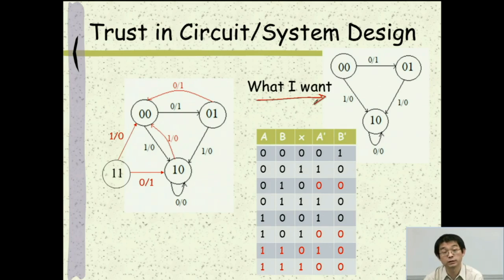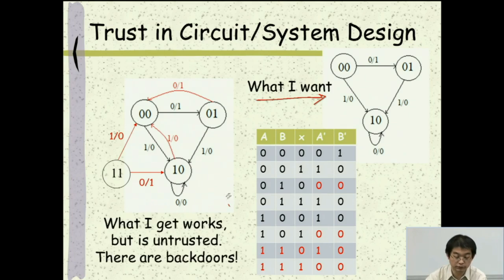I want you to design a system for me to do this functionality. And this is what is delivered to me. And if I check, all these original constraints are met. So this is a system that works for me, but however, I may not trust it because it also implements all these edges in red, which I put question marks on.